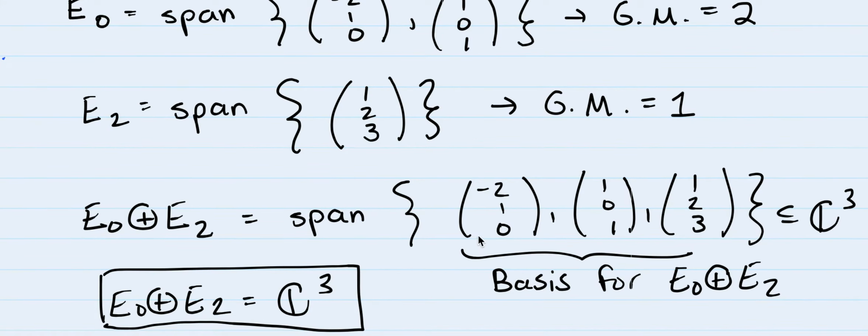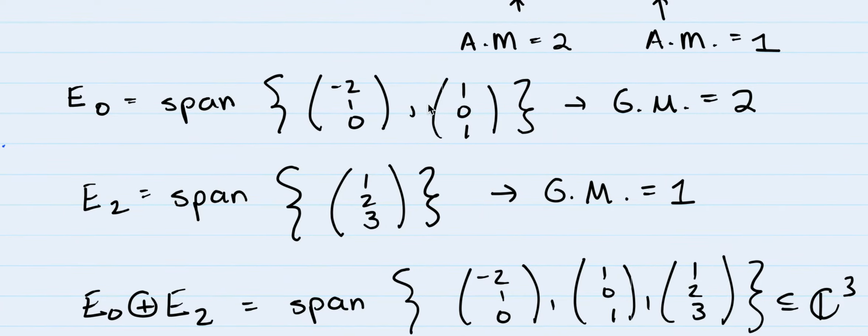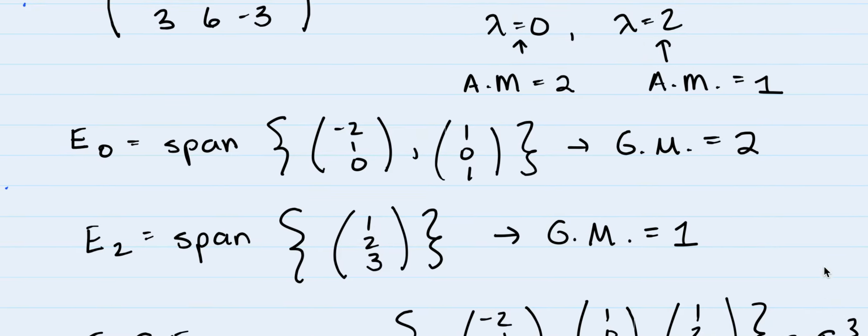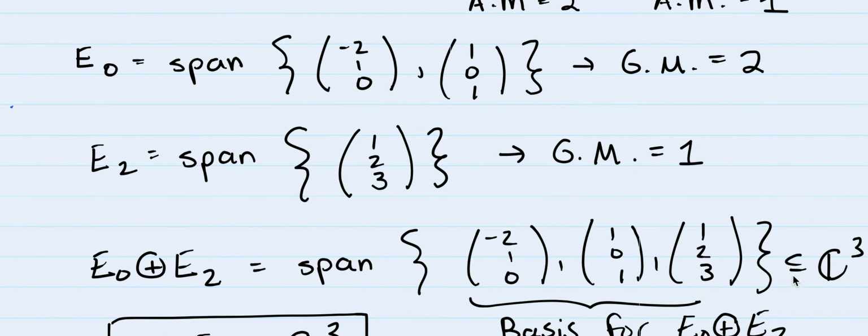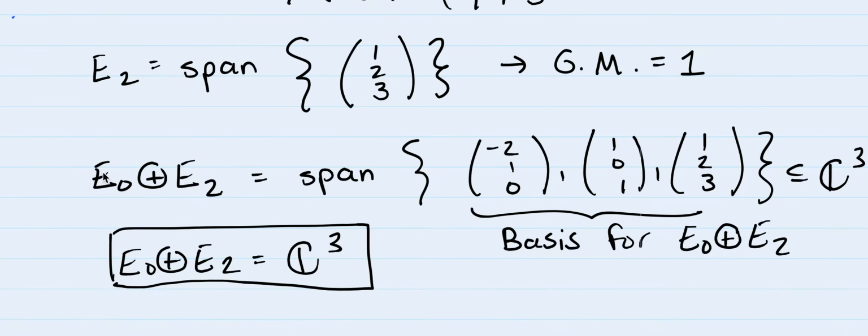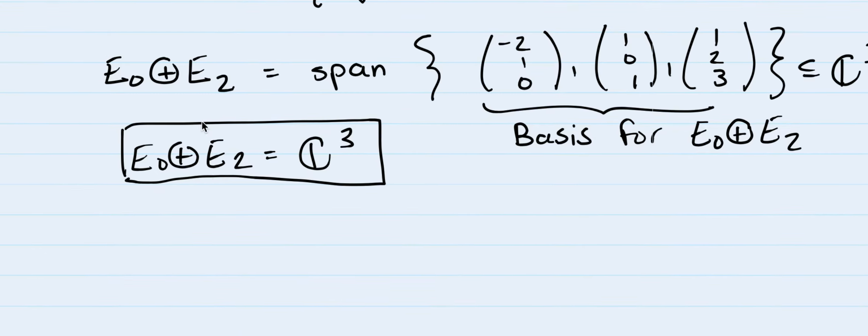Now, if this geometric multiplicity was 1, then we would only have 2 basis vectors, so it couldn't equal C3. So what I want to do is write a vector in terms of this basis, and then write it as a vector in E0 plus E2.